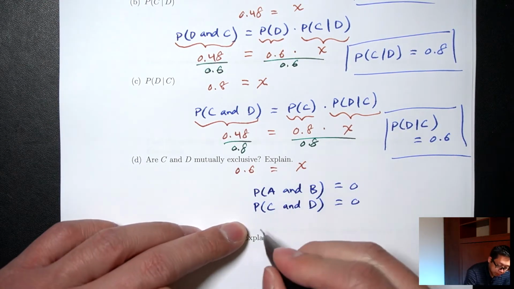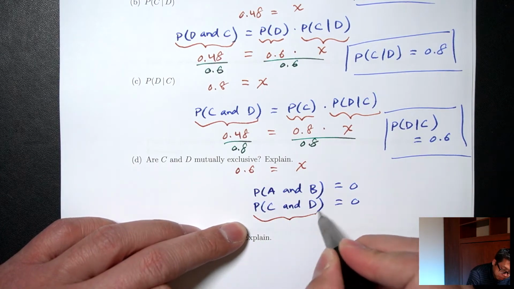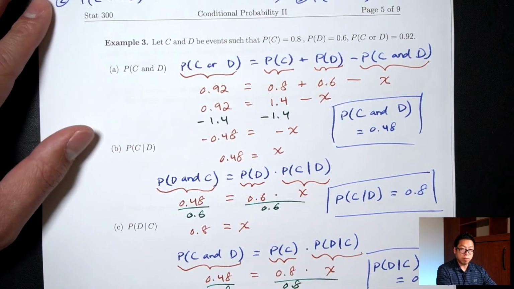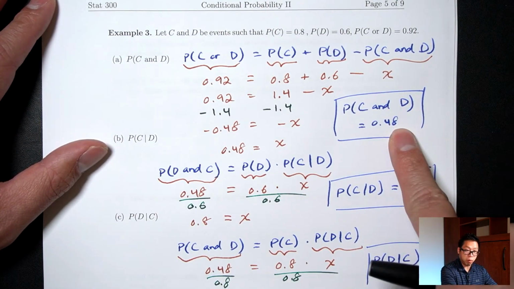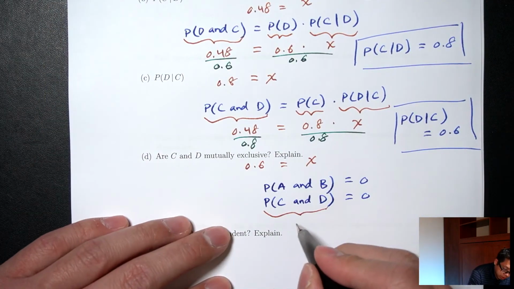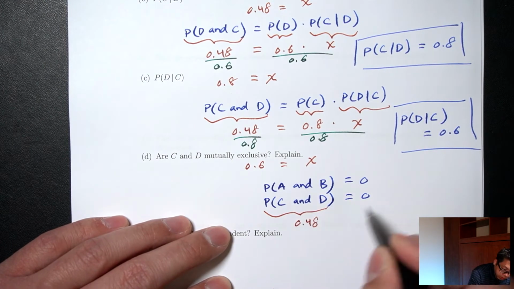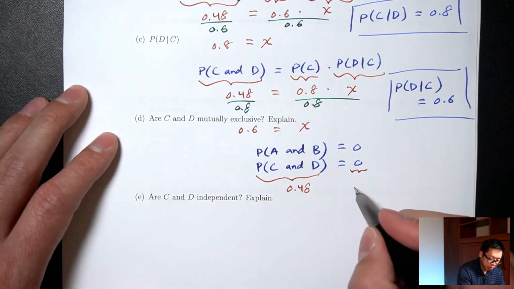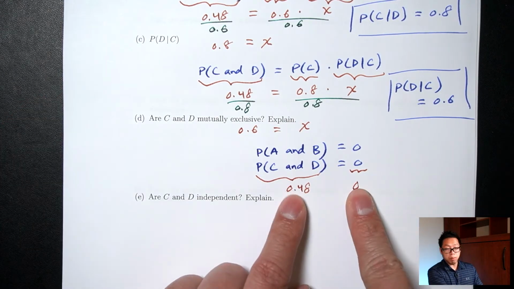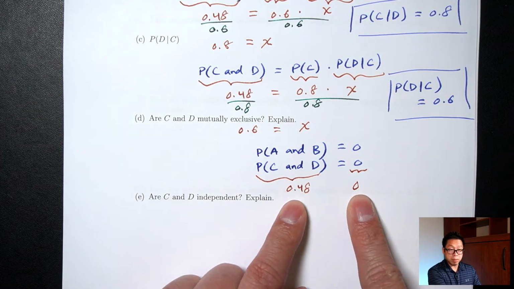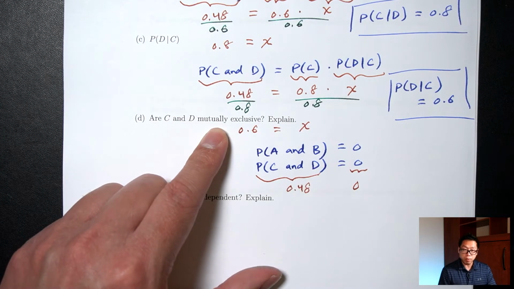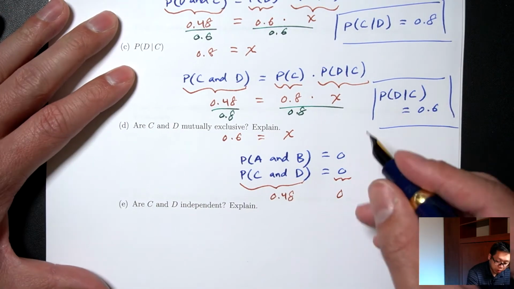Left side, C and D, we found already, right there, it's 0.48. Right side, there's nothing to do. Right side just 0, so right side is 0. Are they equal? They're not. So they're not equal, which means this is going to be not. This one's asking about mutually exclusive, so this one will be not mutually exclusive.